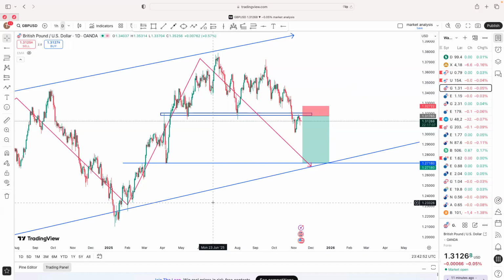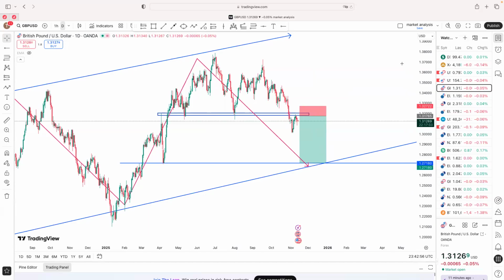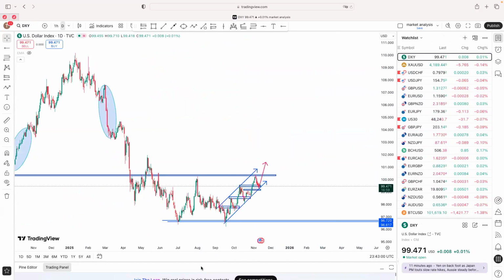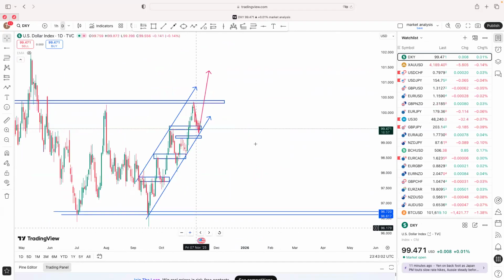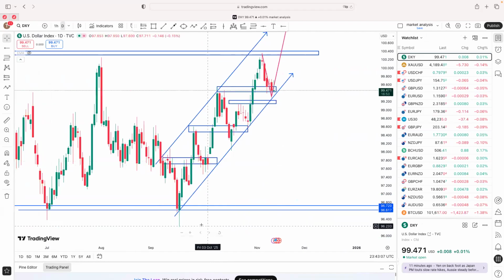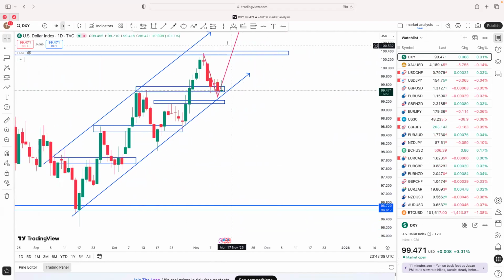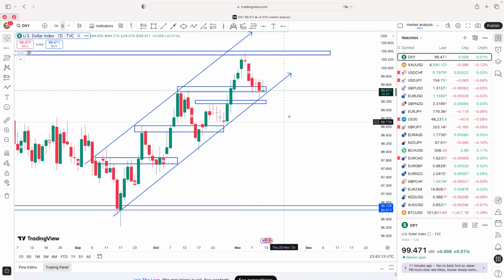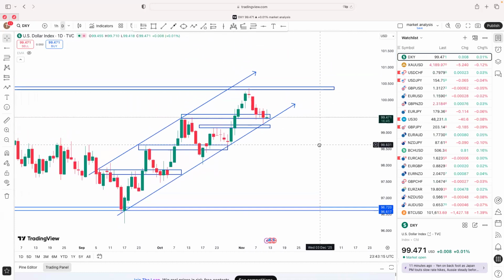If we're going to look at the DXY, I'm not going to analyze the DXY. I'm just going to show you what I'm anticipating on DXY. This is the dollar index. This is what I'm anticipating on the dollar index. They've been creating high highs, high lows, high highs, high lows.